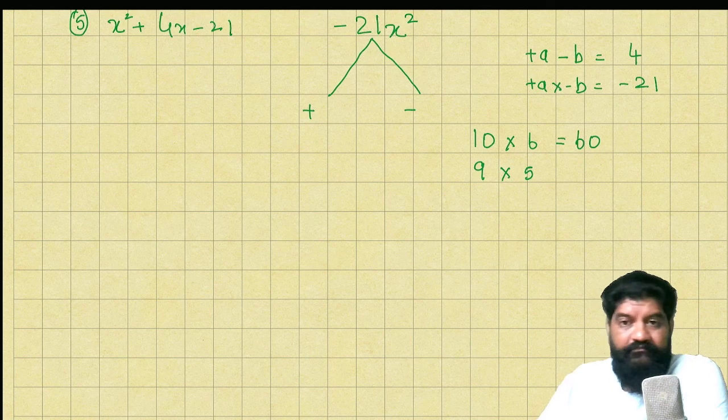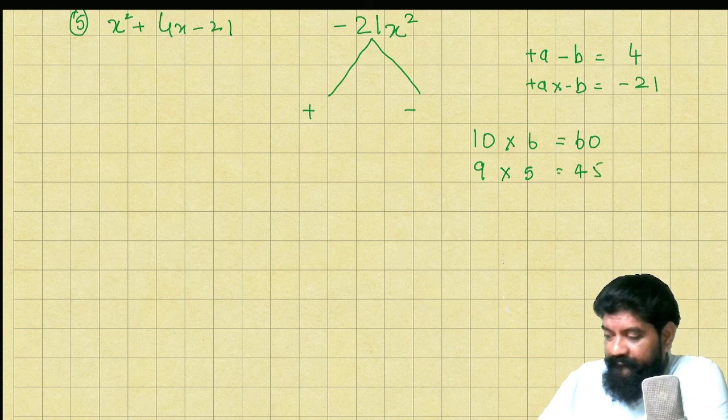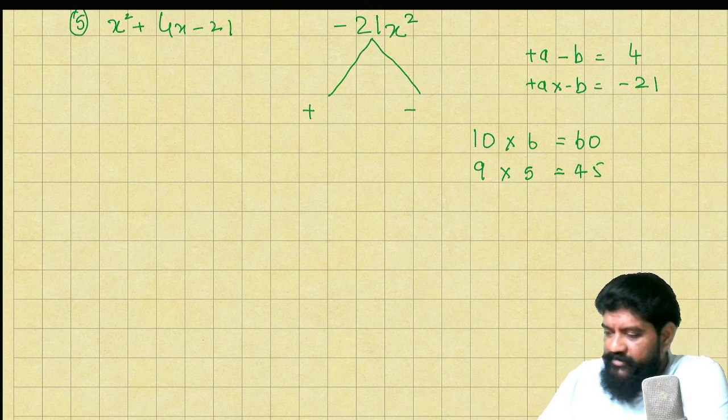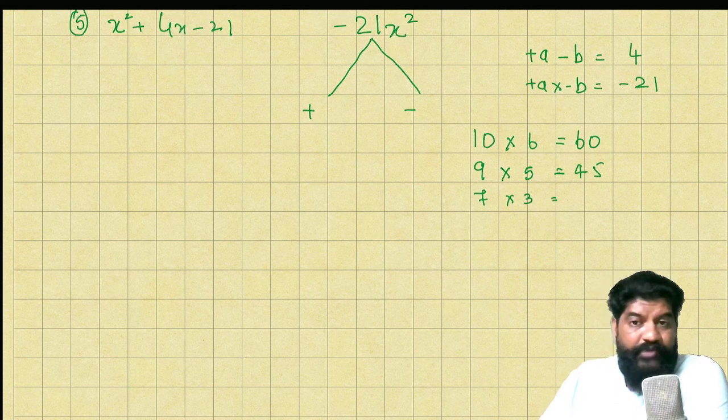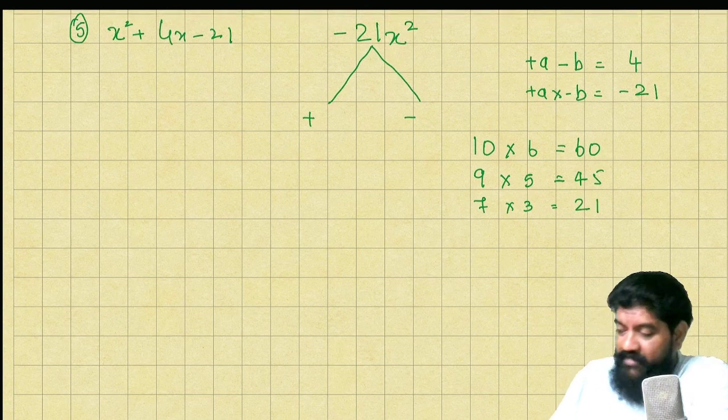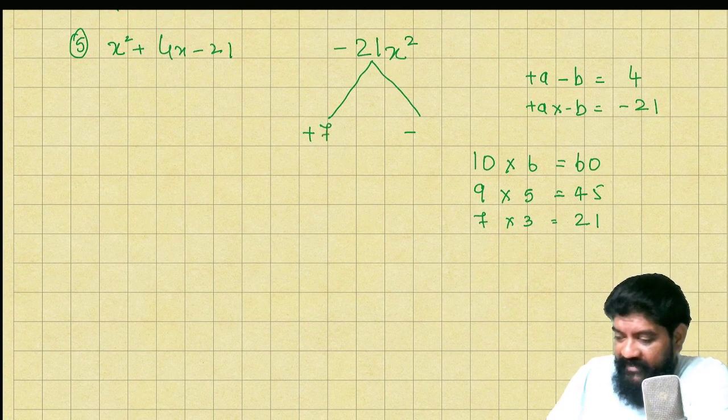Well, 9 and 5, the difference is 4, but the product is 45. I know the numbers are 7 and 3, but I'm just going through the process so that you get the idea of doing it all by yourself. If I take 7 and 3, the difference between them is 4, and the product of it is 21. So the numbers are simply 7x and 3x.